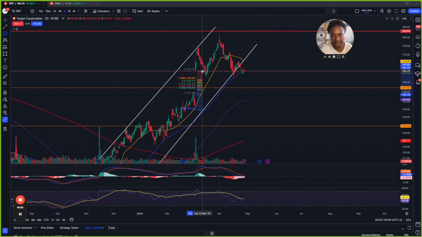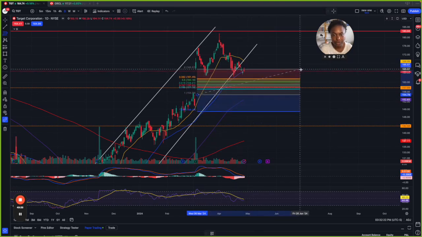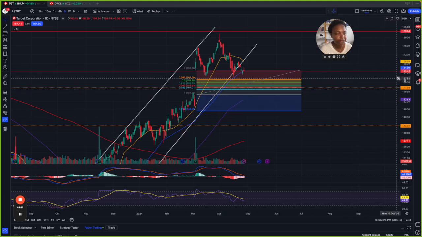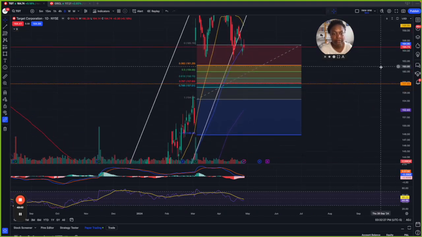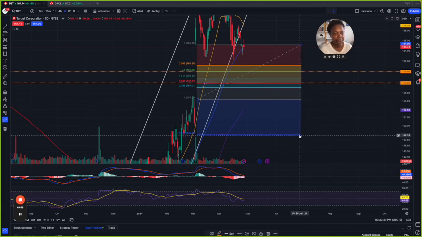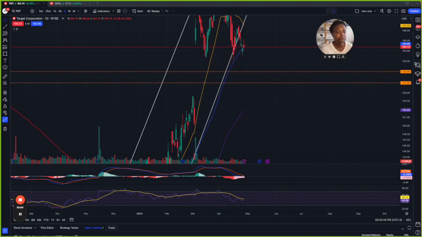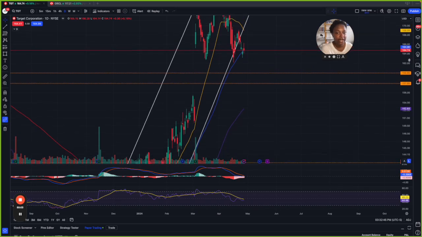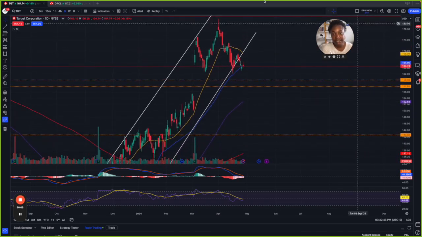Let's see. And then we'll drag that across. And this is giving it to me at like 160. So I'm going to go ahead and put that there. And this is the path that I would follow down. If we saw target lose 162, I would be targeting the 160 and then the 157.8 after that.